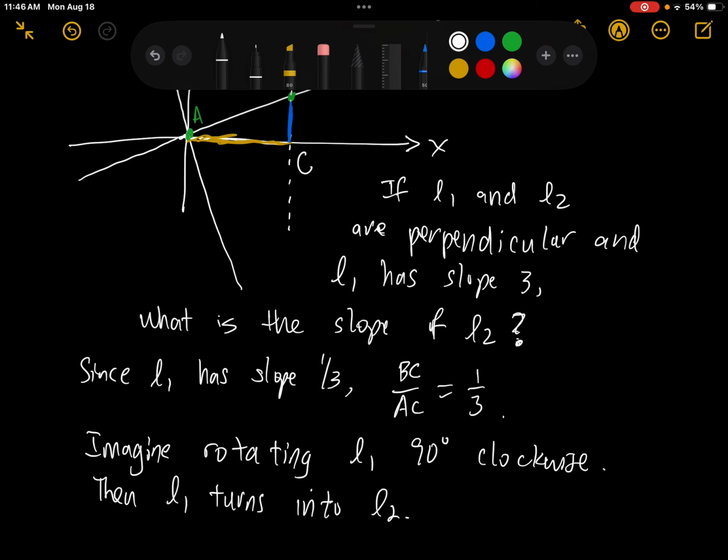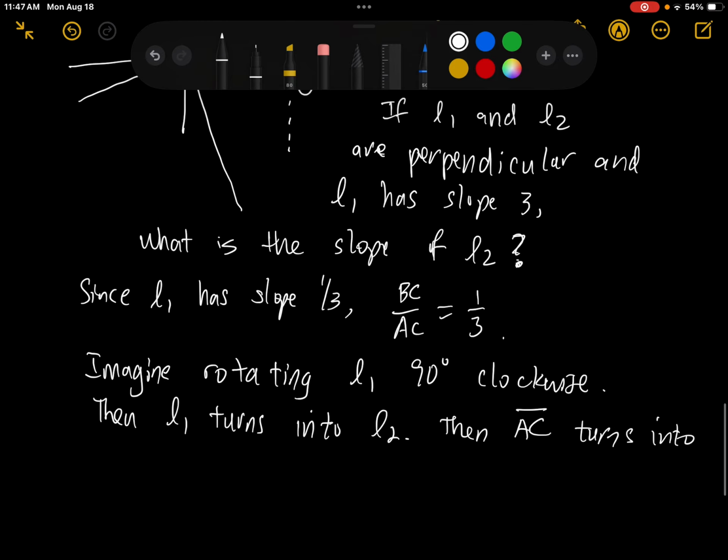And what happens to the horizontal and vertical line segments? Then this horizontal line segment AC turns into, after you rotate, if you have a horizontal line segment and you rotate 90 degrees, what does that become? That becomes a vertical line segment.